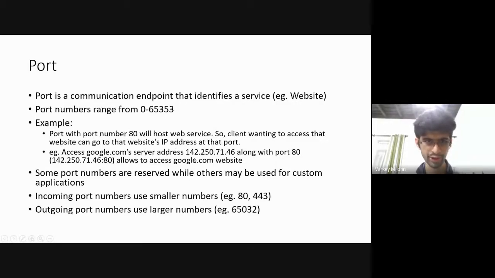One of google.com's IP addresses is 142.250.71.46. To access this website, you go to this address and then use port 80. Then it allows you to access the google.com website. So that's how you actually access the website.